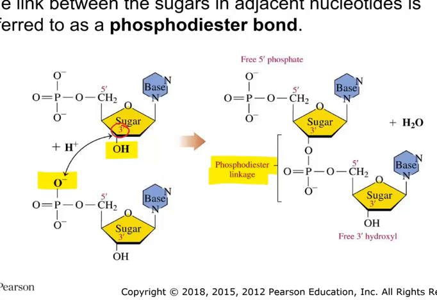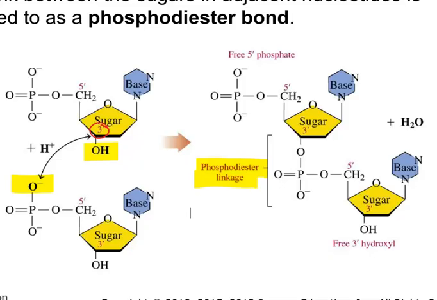So now, when you start looking at the molecule, you can clearly see that the 3' carbon is connected to the phosphate of another nucleotide through phosphodiester linkage, and that phosphate was hanging off of a 5' carbon of another nucleotide.